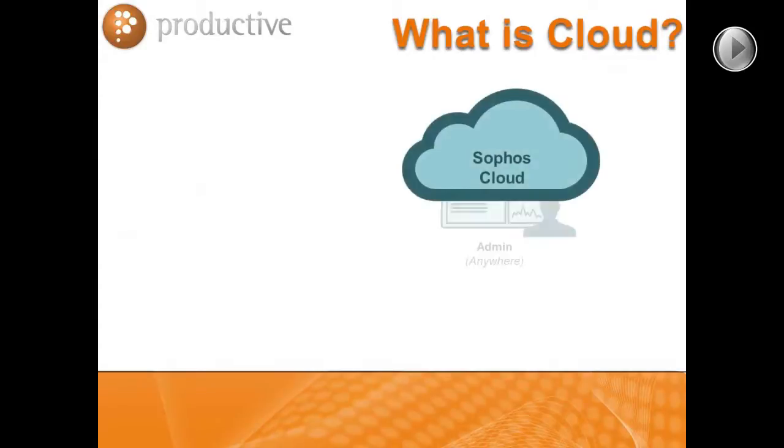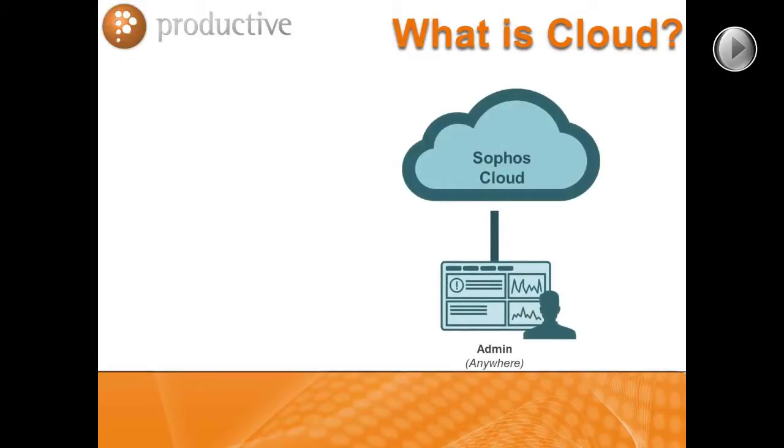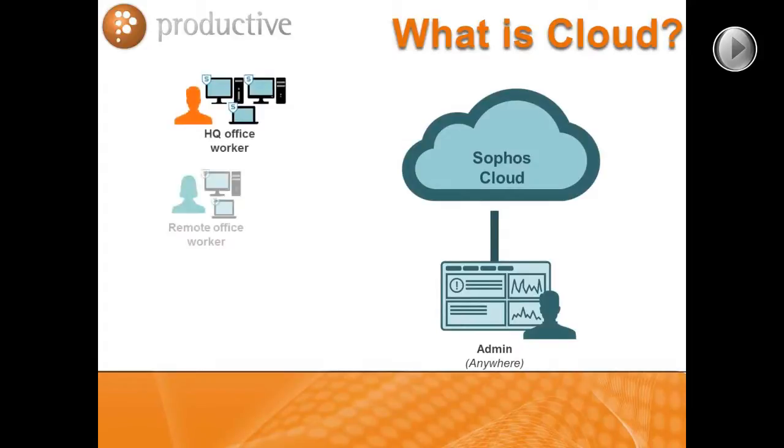So, let's talk a little bit about what is cloud. It's more than one definition here, right? And what Sophos is really trying to achieve, as you see on the graphic, is the ability to admin and control anywhere.